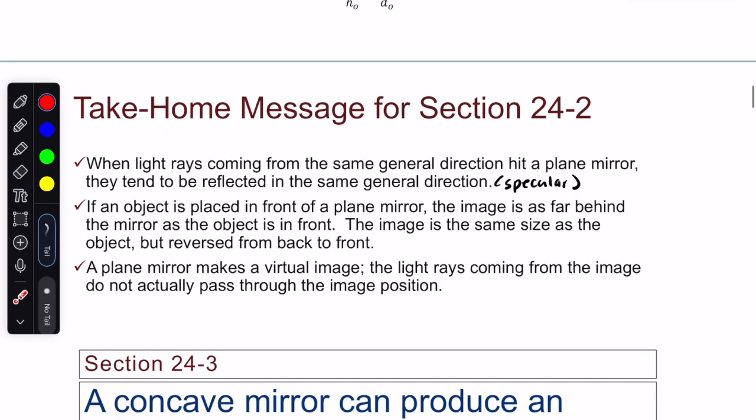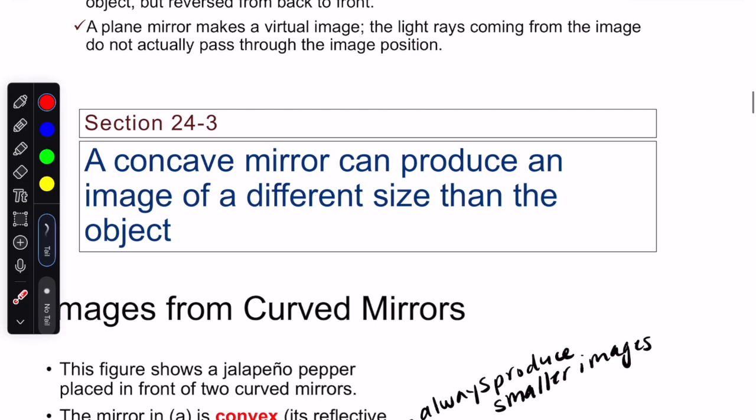And plane mirrors always make virtual images, and light rays coming from the image do not actually pass through the image position, okay? They are virtual rays. The real light rays are not actually coming from there. Our brain is producing those rays because our brain thinks that every light ray we see comes from a straight line path straight back from its source, okay?